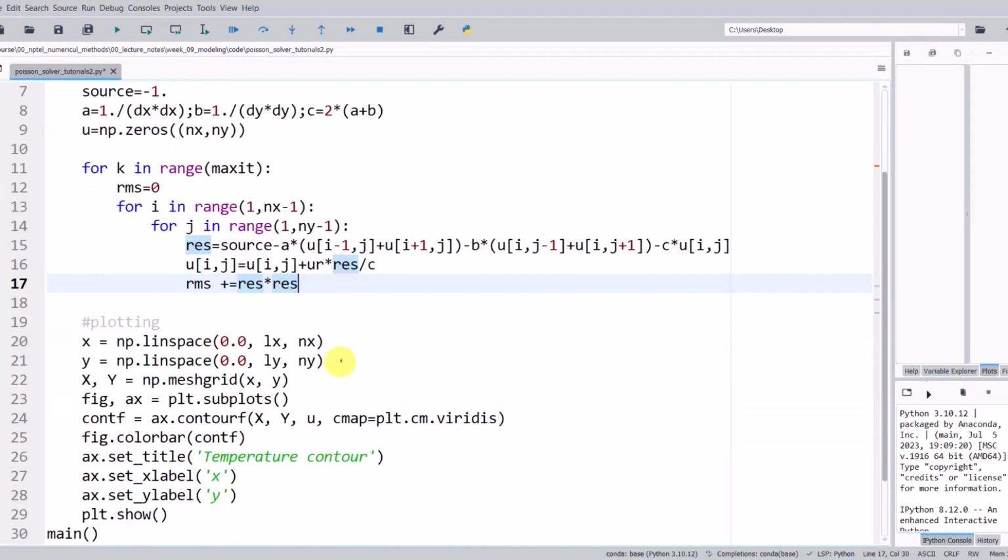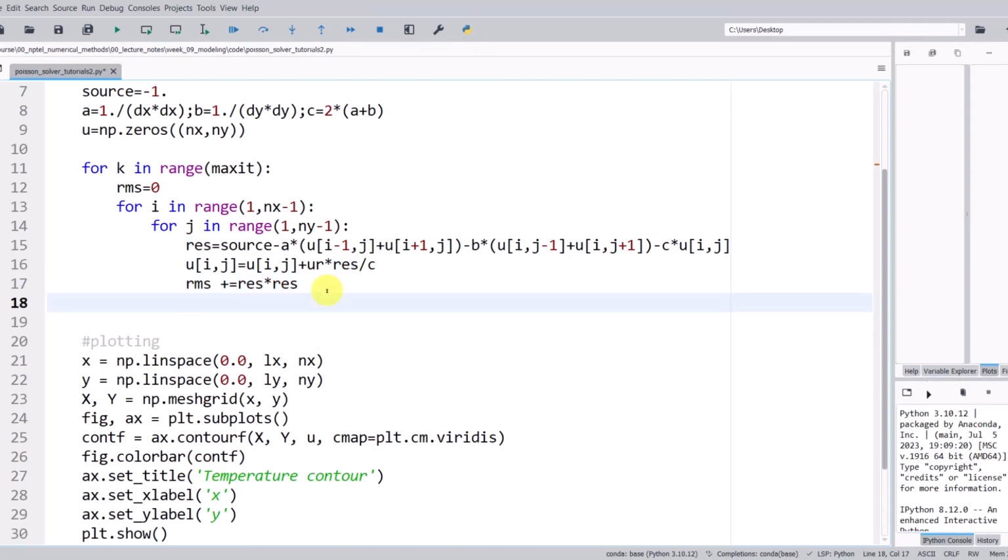And then what we can do, we can take a square root and divide by this n actually. So that will give us a better idea. So here, let us say, this completes the loop.